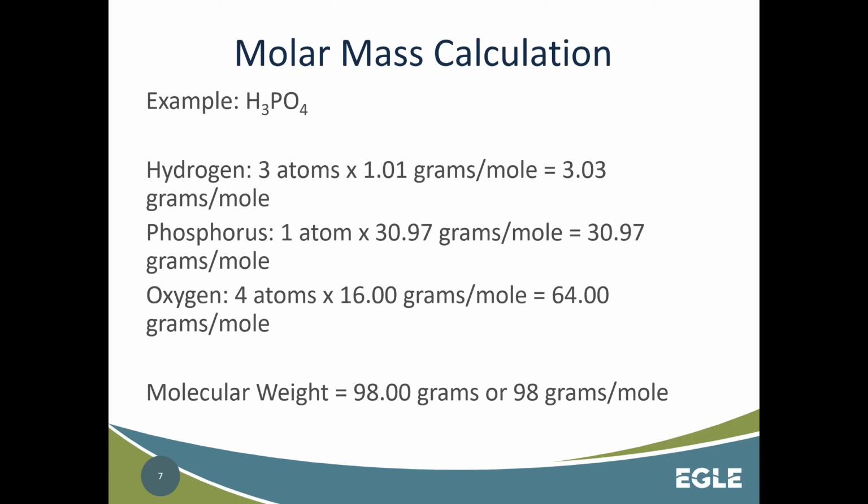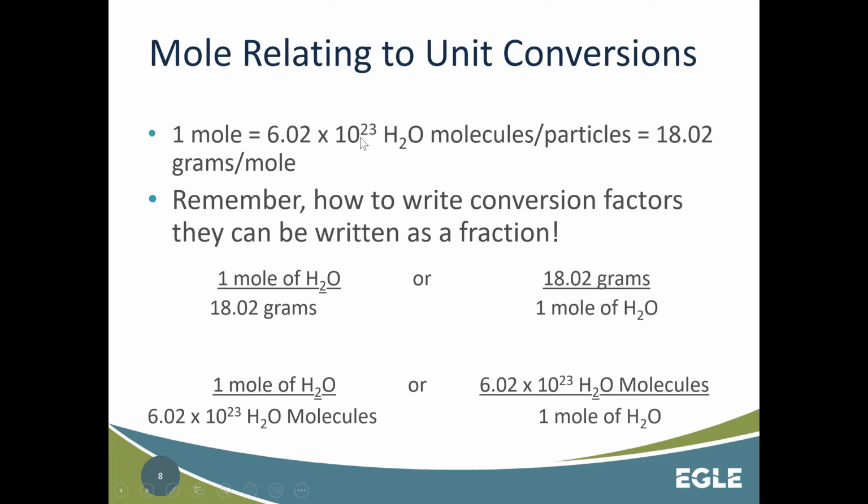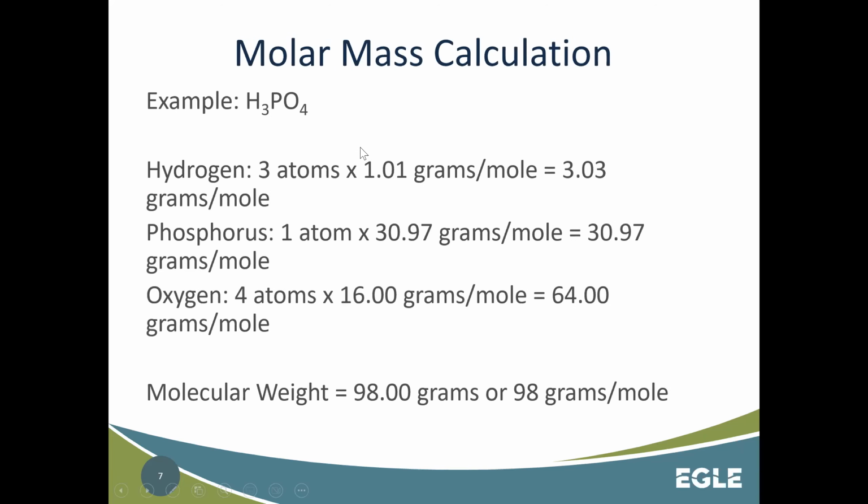That atomic mass underneath the elements on the periodic table is where these weights are coming from. I'm not pulling it out of a hat. The 1.01 is what's on the periodic table, 30.97 is what's on the periodic table. So we're doing the same thing as we did last week.